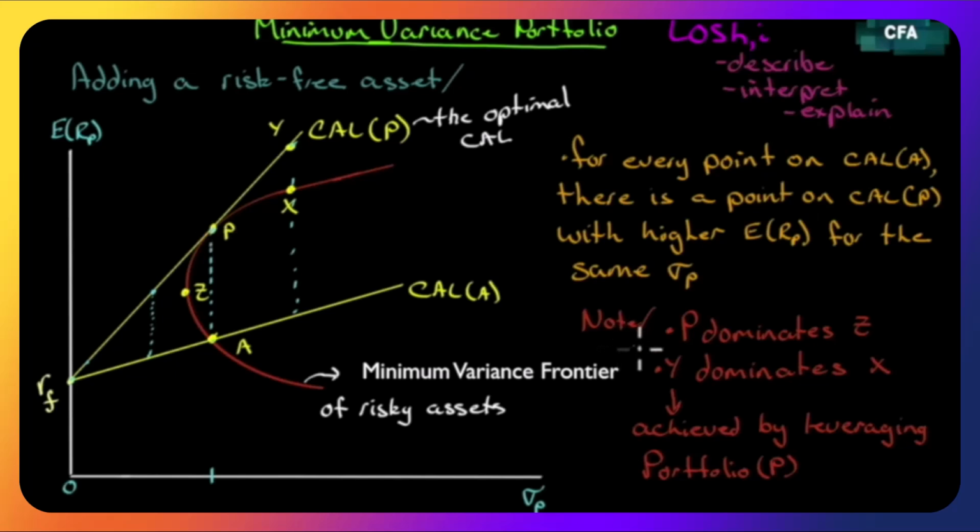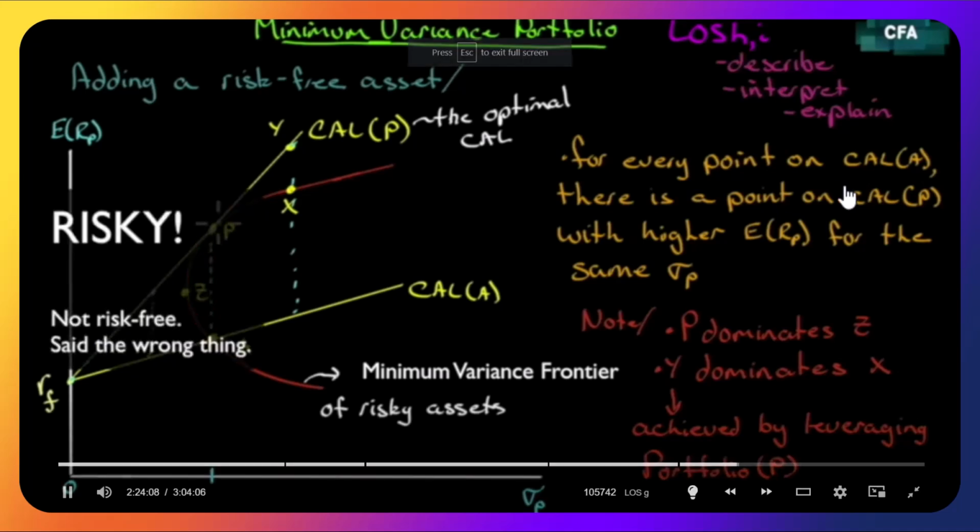So some things we can note here. P dominates Z. Notice that P gives us a higher return. Sure, we get higher risk, but it dominates Z. Now, that's a curiosity. You're probably looking at that and saying, well, hang on a second now. If I'm going to be 100% in the risk-free asset, why would I not take Z?